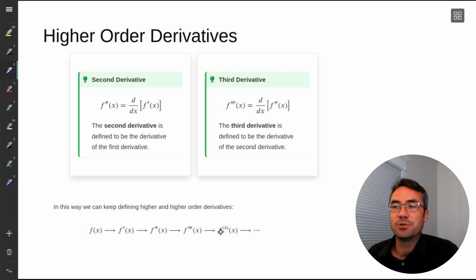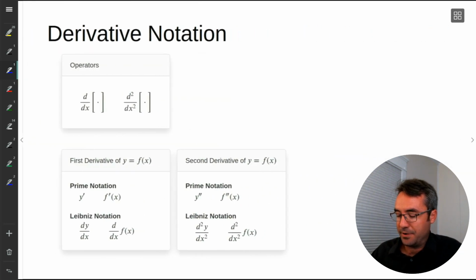So this is usually where we stop. We might use parentheses 4 to denote the fourth derivative, and parentheses 5 for the fifth derivative. So we can keep this process going for a lot of functions. All right, so that's just a word about higher order derivatives.